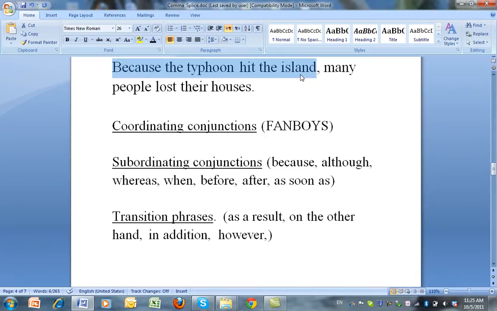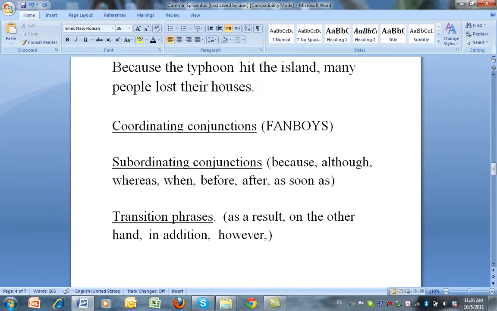It cannot be a sentence anymore. Because the typhoon hit is not a sentence. Therefore, this comma shows that this complex sentence started with the subordinating conjunction, and the first part of the complex sentence is this, and what follows the comma is the second part. Maybe that's why they call complex sentences complex sentences.